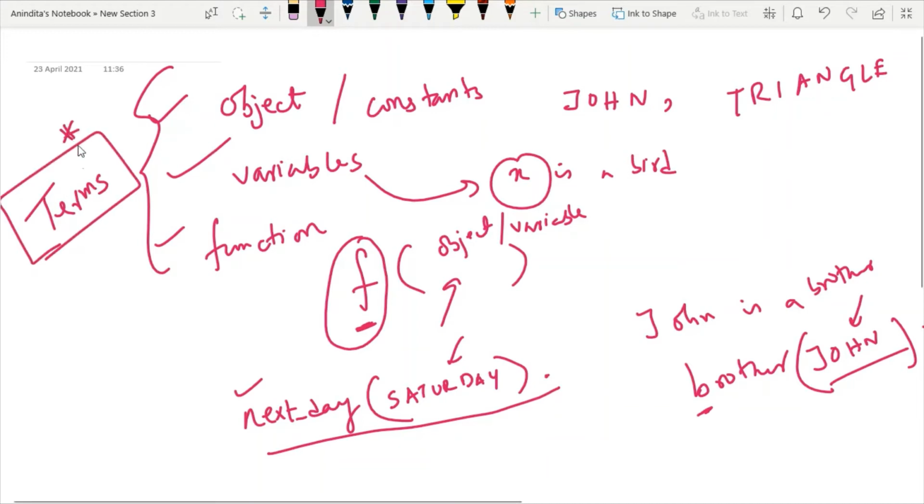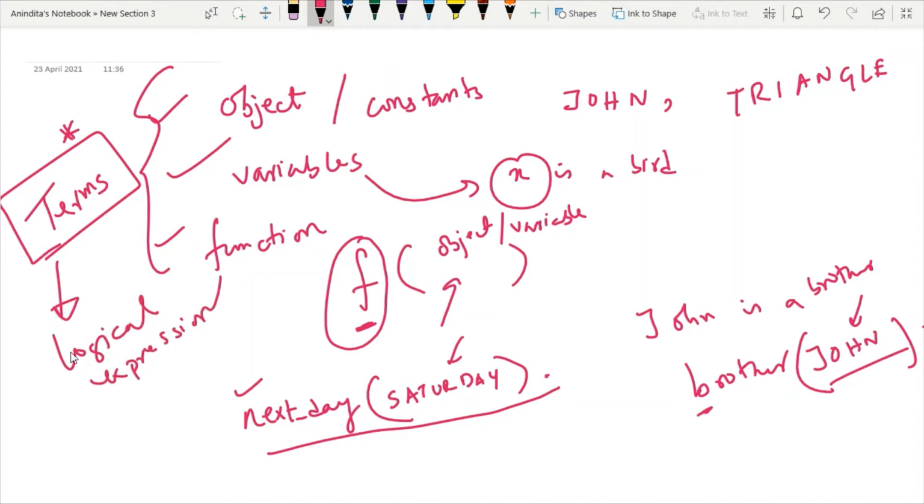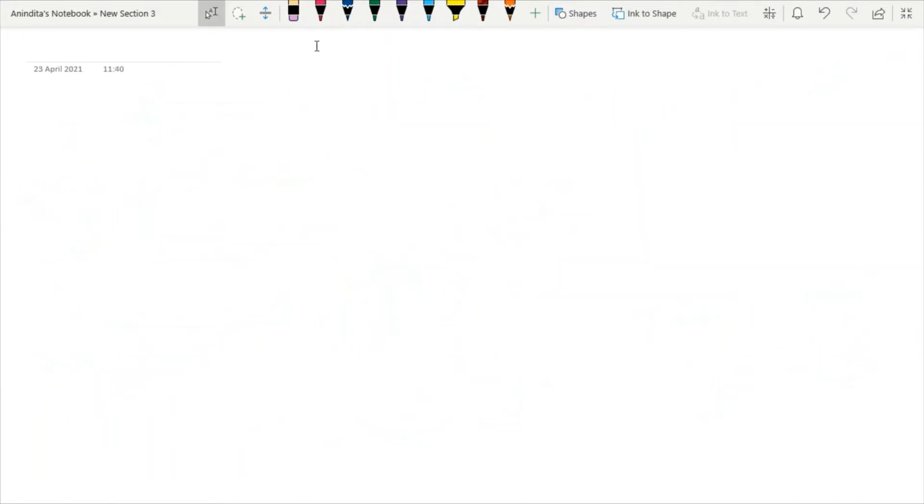These terms are useful to represent any logical expression. Any logical expression of any form needs this term representation so that we can express our collective information gathered from the environment. But let's understand the next component, which is known as predicate.